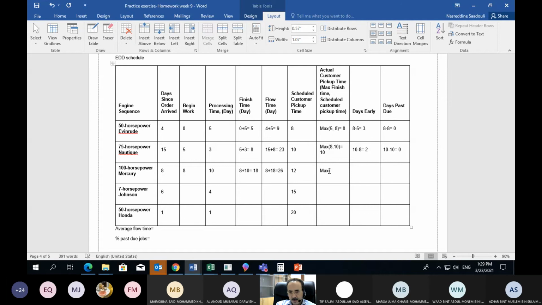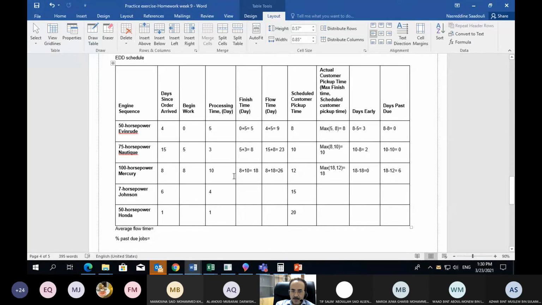And the maximum of the finish time and the promised time, so this job is definitely late. We finished it on day 18. It was promised on day 12. And therefore, the early must be 0 because it's late. Whereas for the past due, it's the actual minus the promised, so 18 minus 12 is 6 days.